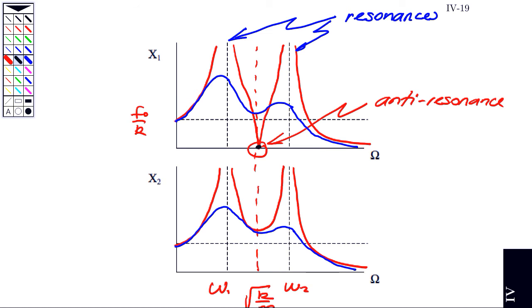The system having 2 degrees of freedom, it has 2 resonances. It also introduced the idea of an anti-resonance. In this case, x1 has an anti-resonance, only one. x2 has none. It's a problem by problem thing in terms of the number of anti-resonances that you'll have for any given coordinate in a problem. However, the number of resonances will always be equal to the number of degrees of freedom that you've got.